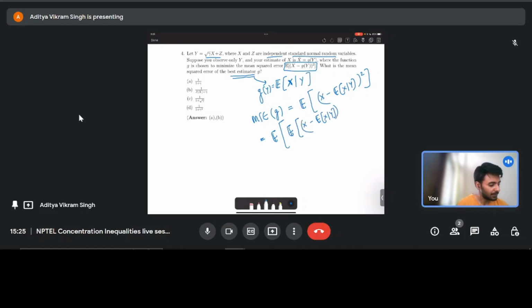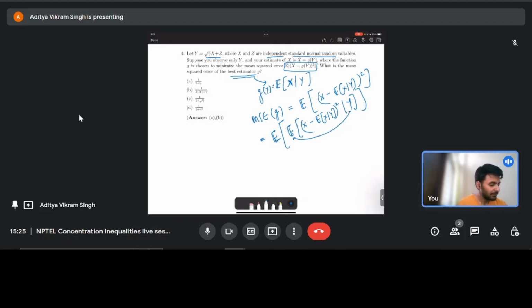Okay, this was already there. Now condition it on y, so we condition it on y, and this is that expectation, and then we have this final expectation outside, which is the same as the thing above.